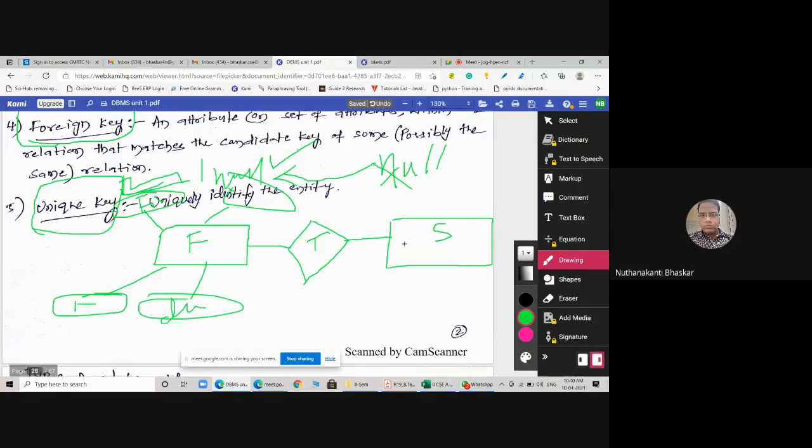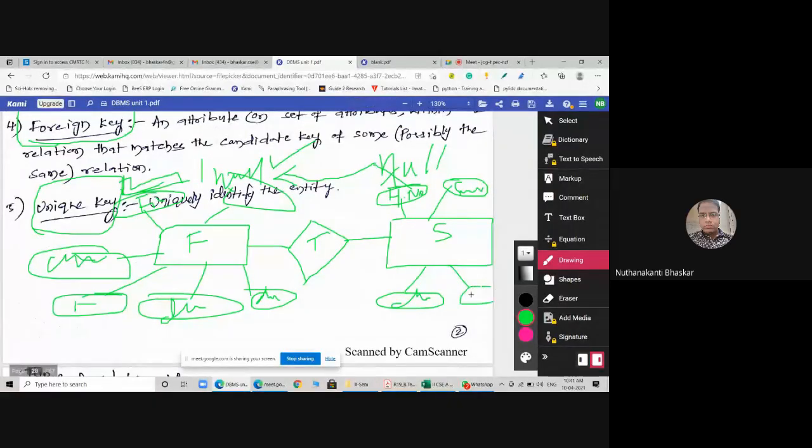Please write everyone. And for students: student hall ticket number. Please make a note very carefully. And here department, again here department. Here student name, and here college name. Here also college name and course name. All these things will come.